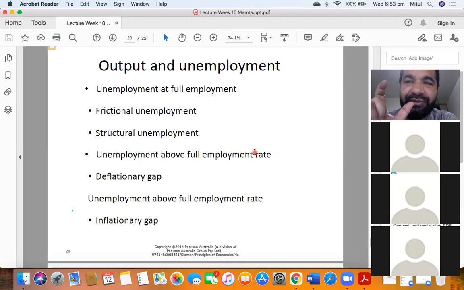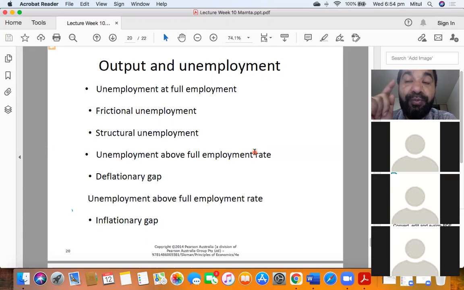In this age group, who is willing to work and looking for work but could not get work for the last 4 weeks, we call them unemployed people. If you are not looking for work, you are not unemployed. That's why you will see at Centrelink they say you have to look for work. If you do not look for work, you are not unemployed, and we cannot give unemployment benefits.